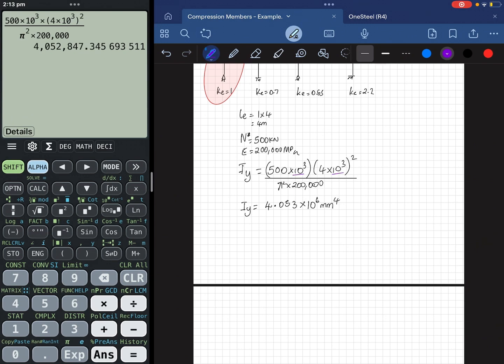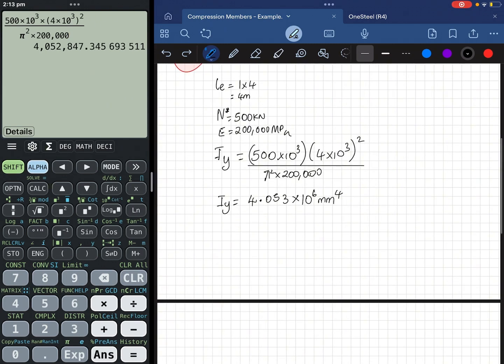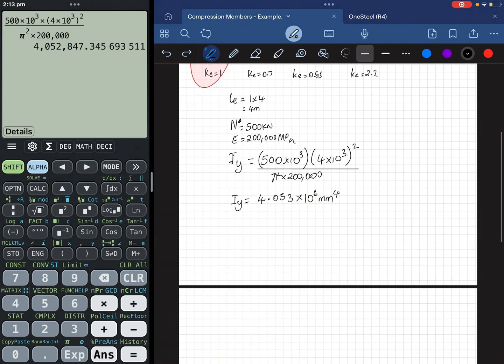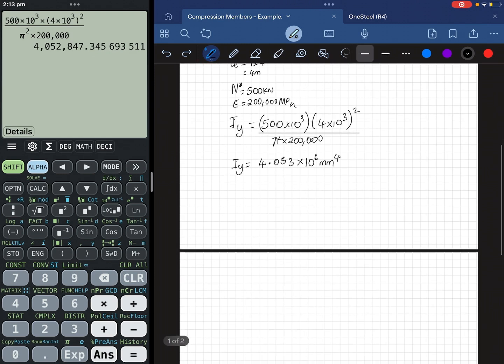So in this case, we want to work here in newtons, and we also want to work here in millimeters to avoid confusion. Okay. Yeah, so IY here is 4.053 times 10 to the power 6.